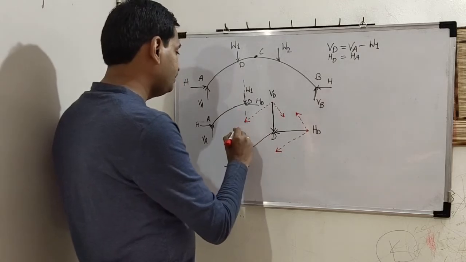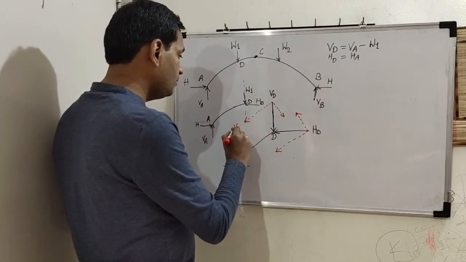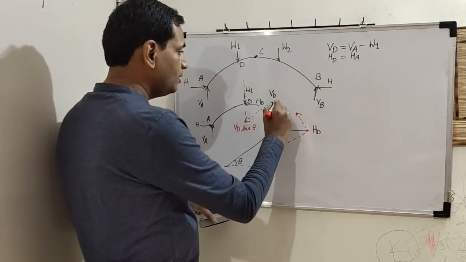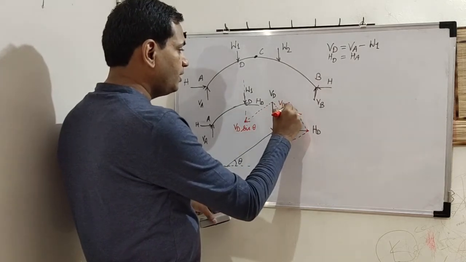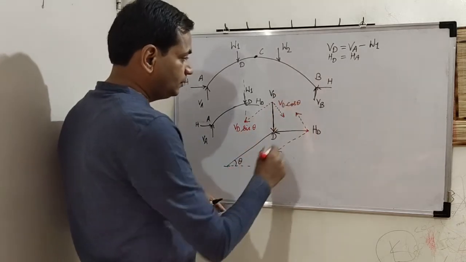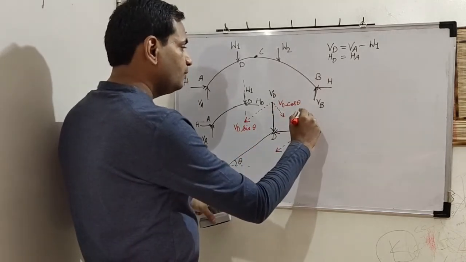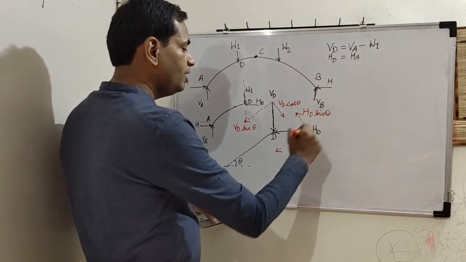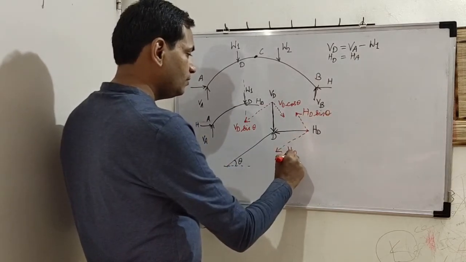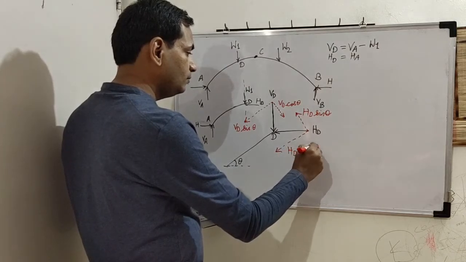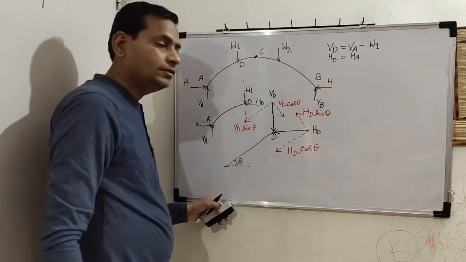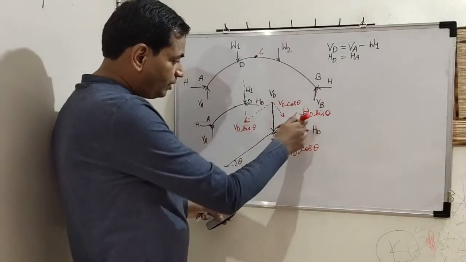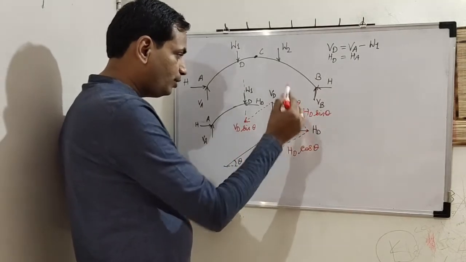This is VD sine theta, this is VD cos theta, and here this will be HD sine theta, this is HD cos theta. Okay, so these are parallel to the tangent, these are normal to the tangent.